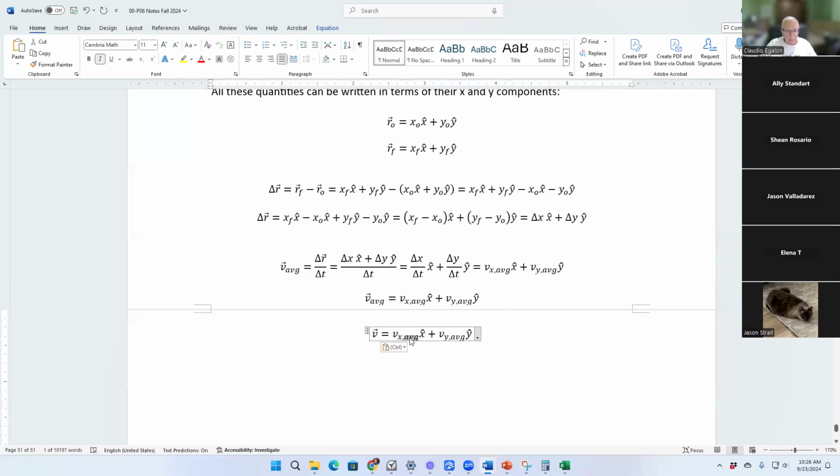The same can be said about the instantaneous velocity, the limit. It's going to have an x component and a y component. The same can be said about the average acceleration and the instantaneous acceleration.